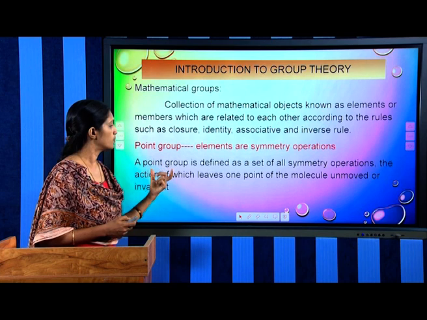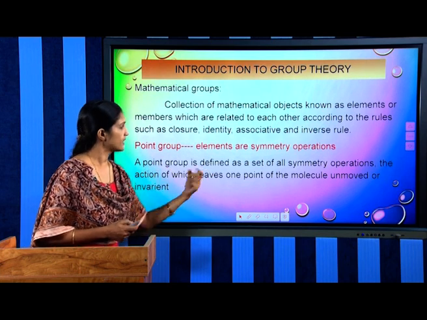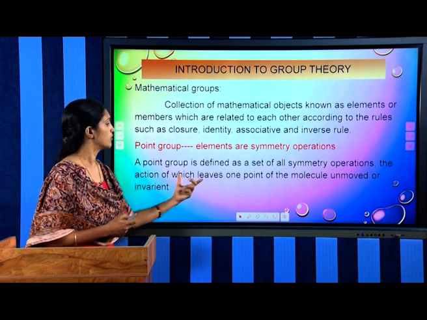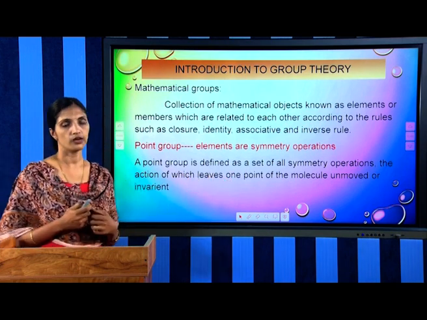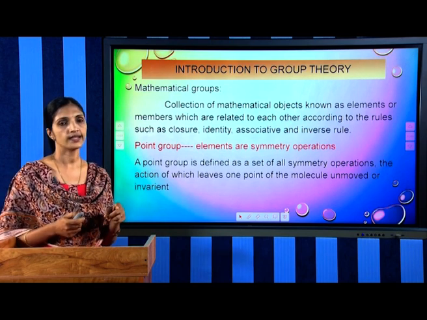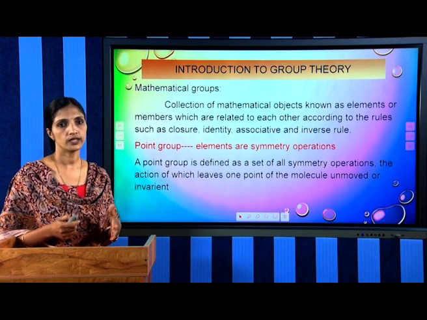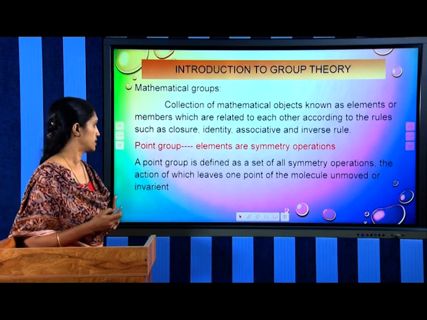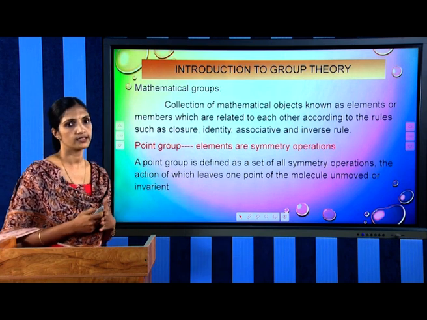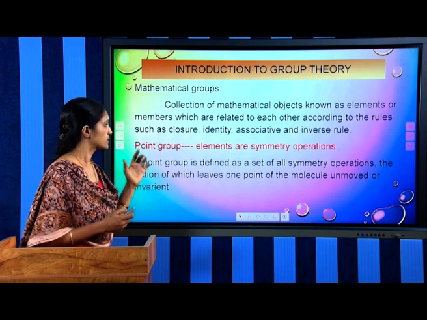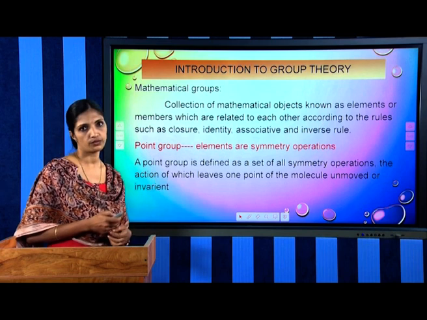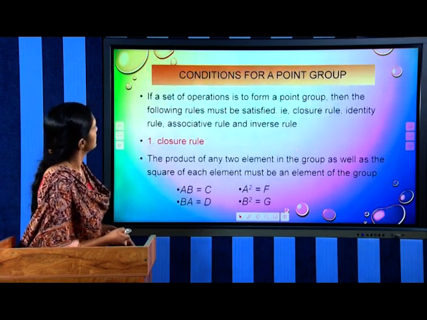So a point group here is defined as the set of all the operations, the action of which leaves one point of the molecule unmoved or invariant. Okay. So one point is invariant upon the operation. Such a collection of operations is known as a point group, right?